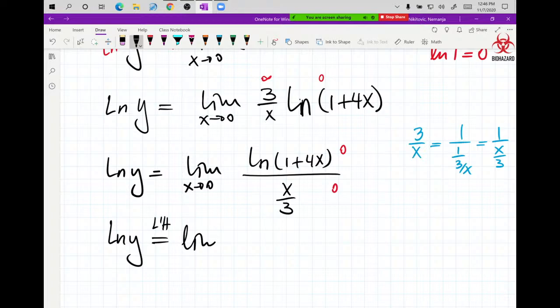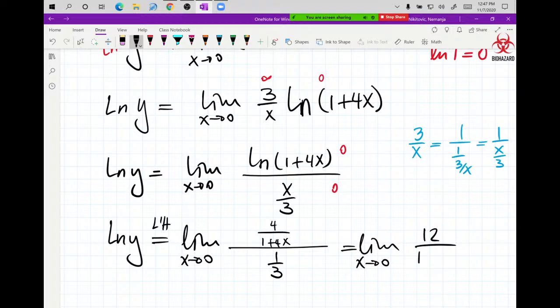So L'Hopital rule, we take derivatives, just 1/3 in denominator, and on top we have 1 plus 4x and 4 on top, which is limit x goes to 0, 12 over 1 plus 4x.